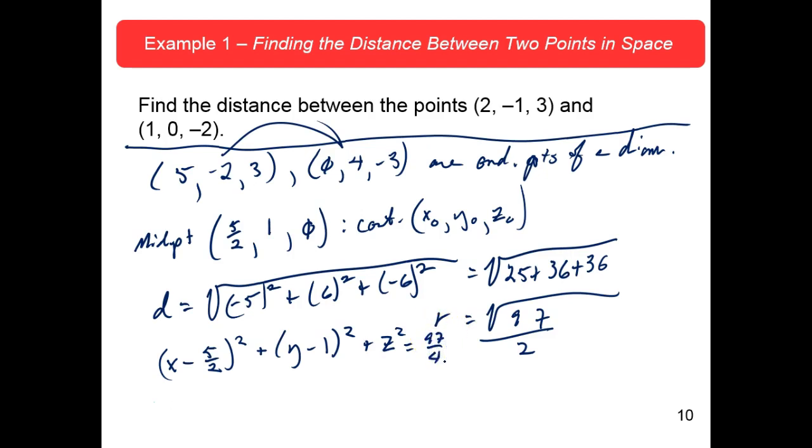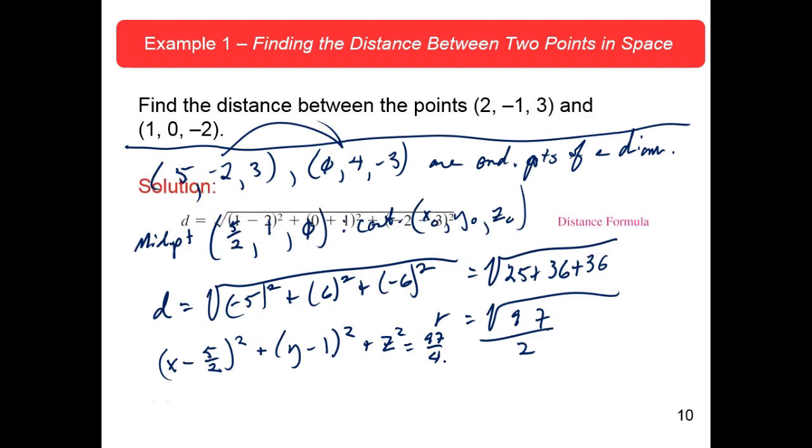That's it. There's your standard equation: x minus 5/2 squared plus y minus 1 squared plus z squared is equal to 97/4. Good deal. Make sense? All right. So that was example 2.